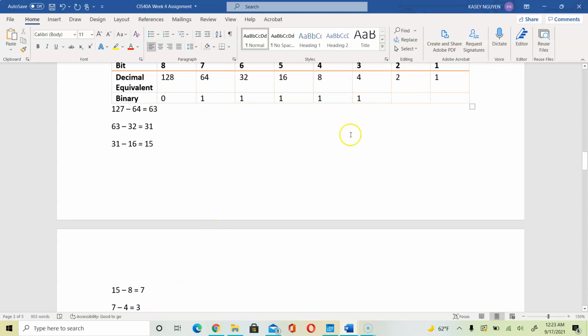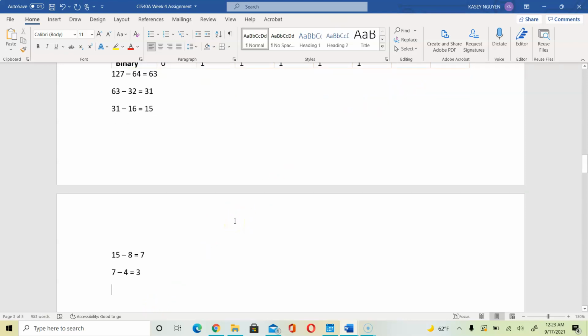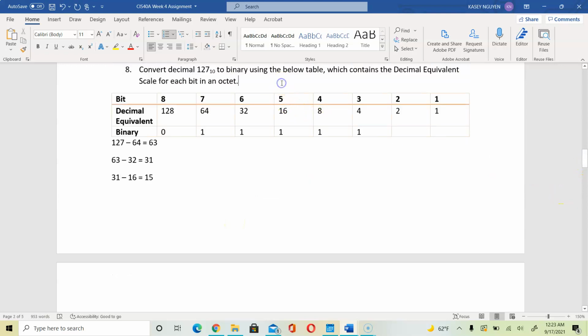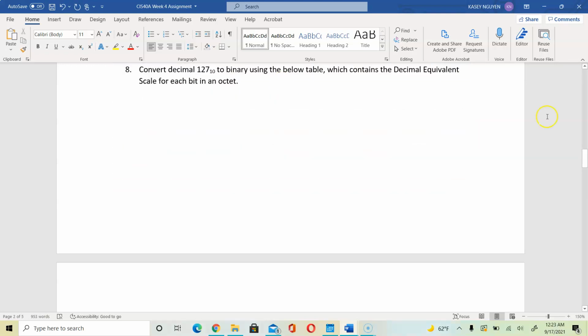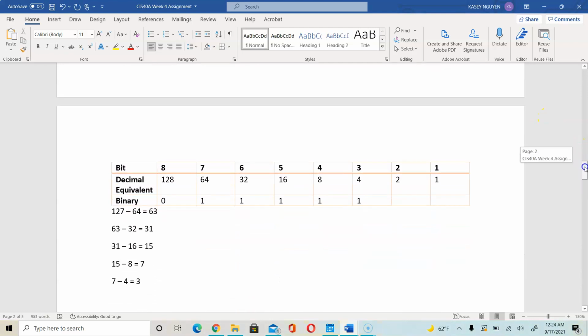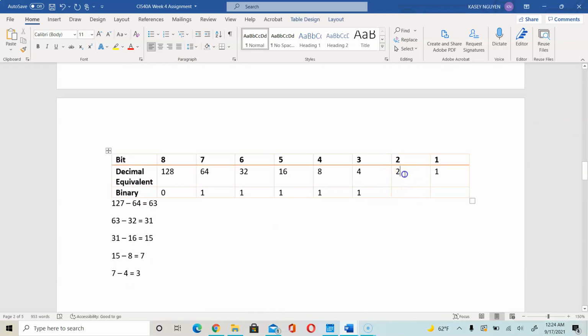And then we're going to subtract the next number because 3 is larger. So the next number is 2. We're going to take 3 minus 2, which is going to give you a 1. So put a 1 there. And then lastly, a 1 minus a 1 is going to be a 0. We subtract a 1, so we put a 1 there.